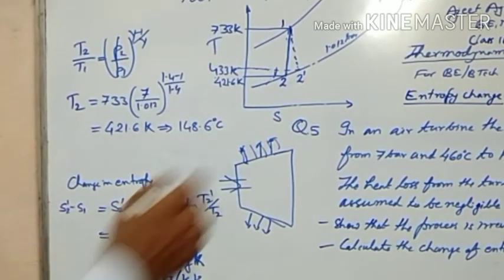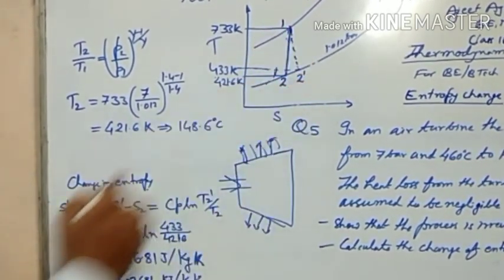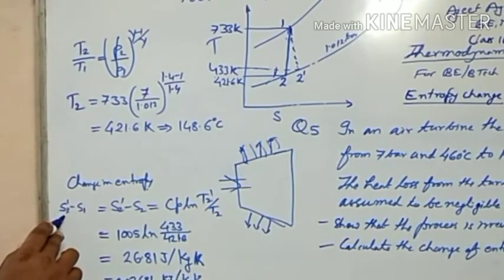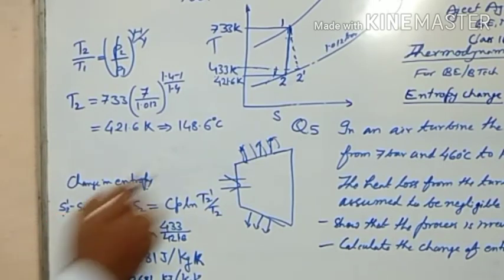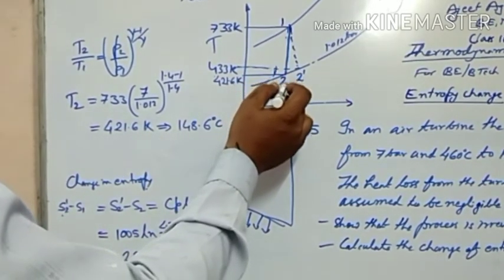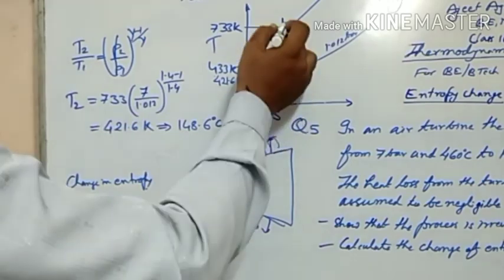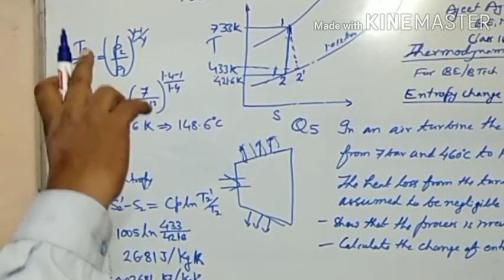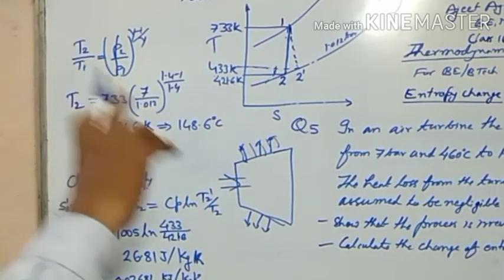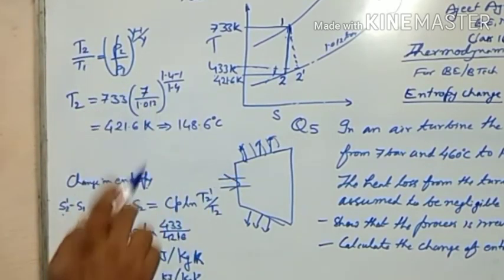So to find out the change in entropy from 1 to 2 dash, we can write S2 dash minus S1, final point minus initial point. S2 dash minus S2, because S1 can be replaced by S2, since 1 to 2 we considered as a constant entropy process, a reversible adiabatic process.